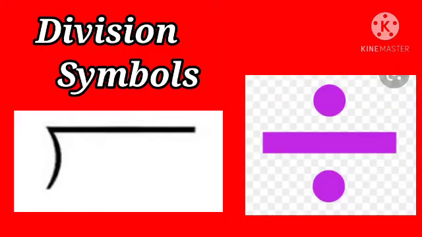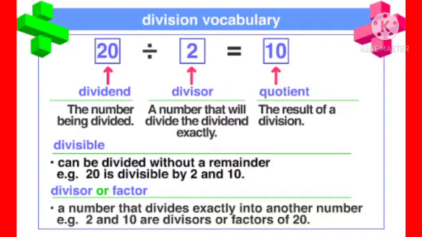Children, do you know? These are the division symbols. The number being divided is known as the dividend. The number that will divide the dividend is known as the divisor. The result of the division is known as the quotient.